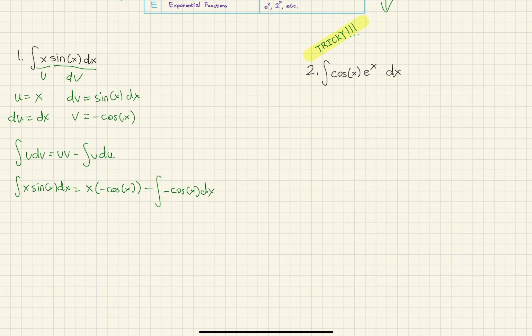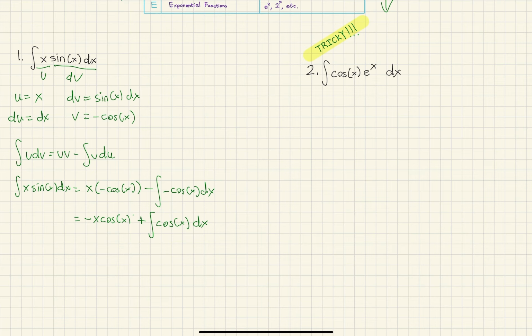From this, we can make it a lot simpler for our minds to see. We can move the negative out, so it would be plus the integral of cosine x dx.